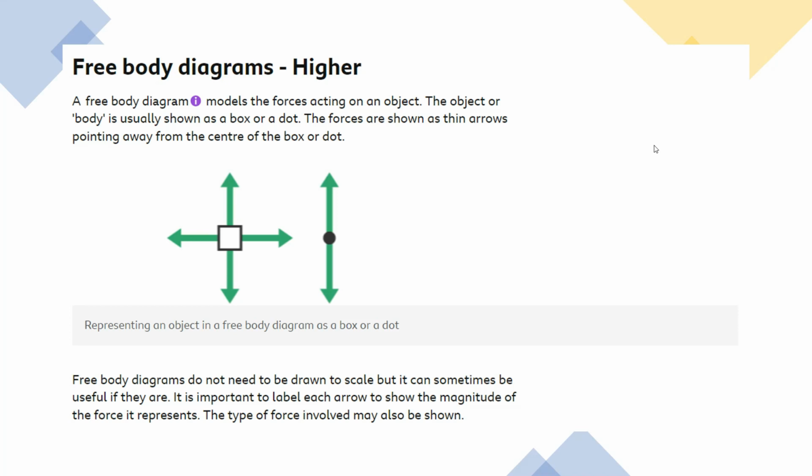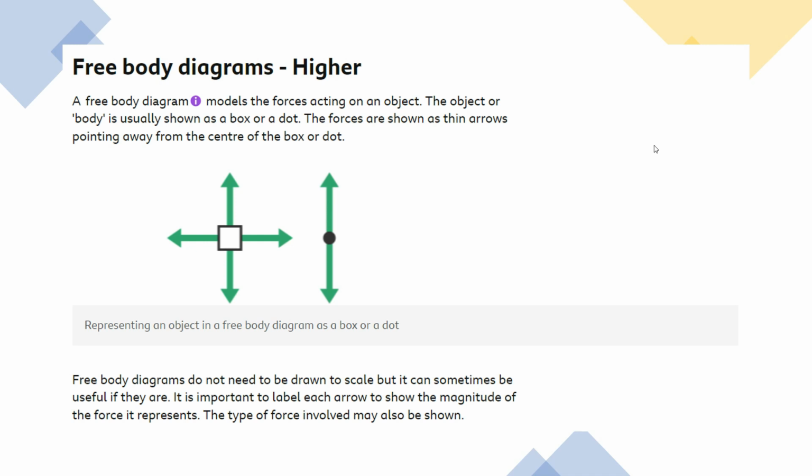Now we will see a free body diagram. As we have seen in the previous section, how we divide the force into 2 components, that application will be used to draw a free body diagram. Now what is a free body diagram? The free body diagram models the forces acting on an object. Suppose a book is lying on a table.